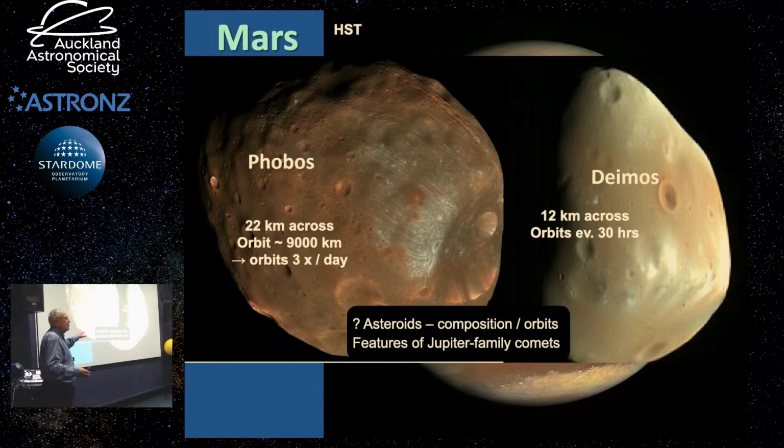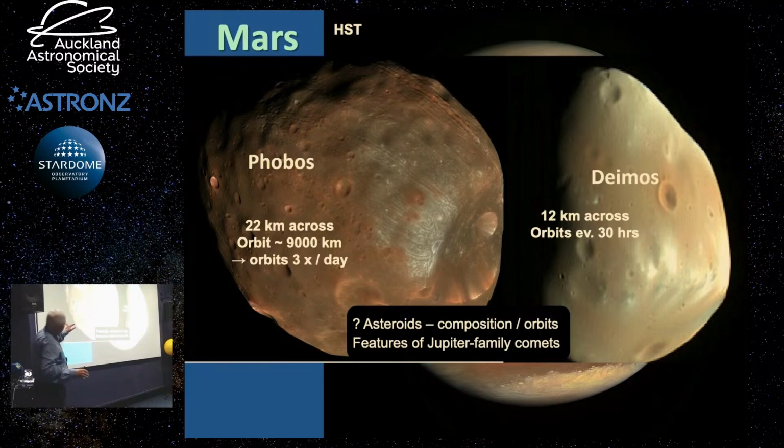Jupiter family comets are comets that, as they go around the sun, instead of going way back out to the Kuiper belt, the belt of small rocks, it only just goes out a little bit past Jupiter. They're mainly captured and under the influence of Jupiter's gravity, so they're called Jupiter family comets.